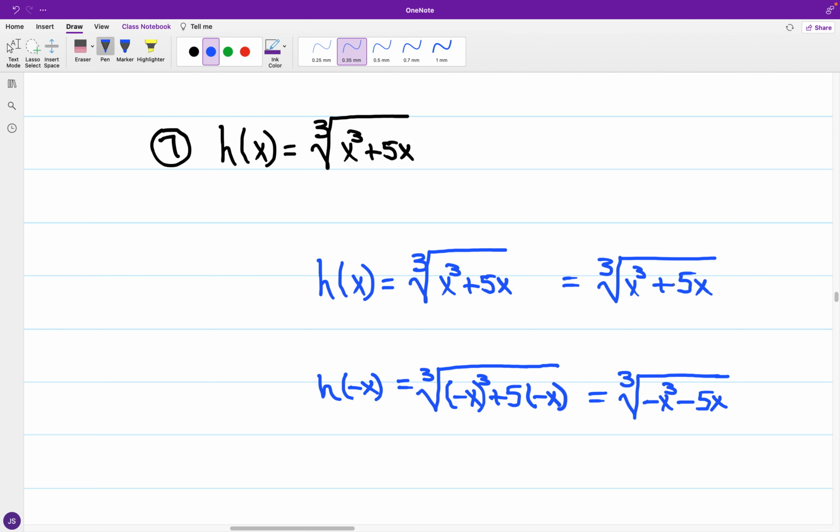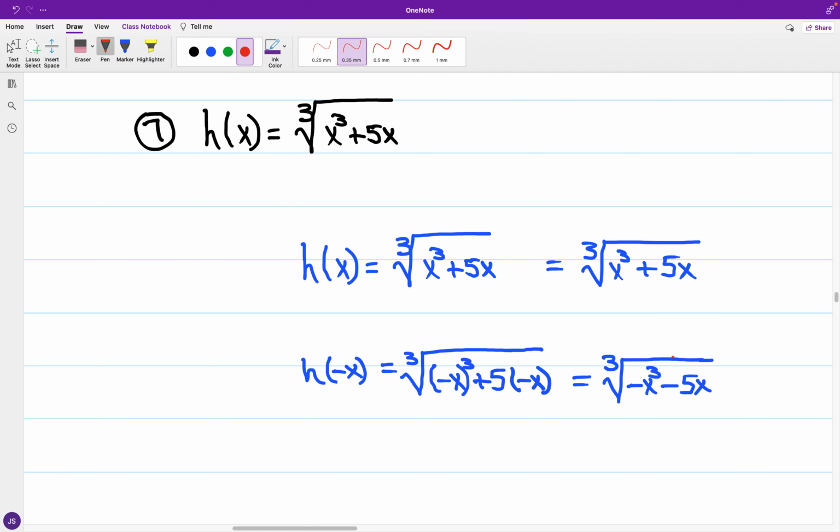Now looking at how the outputs will compare. You have the cubic root of positive x cubed plus positive 5x, and the cubic root of a positive is going to be a positive, whereas for h of negative x, we have the cubic root of negative x cubed minus 5x, and the cubic root of a negative is going to be a negative.